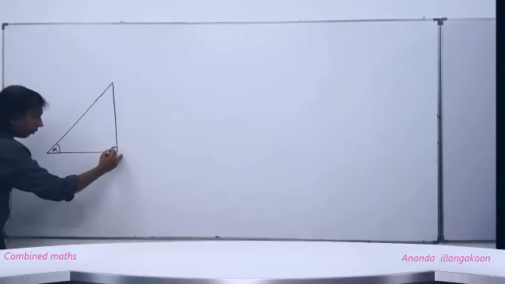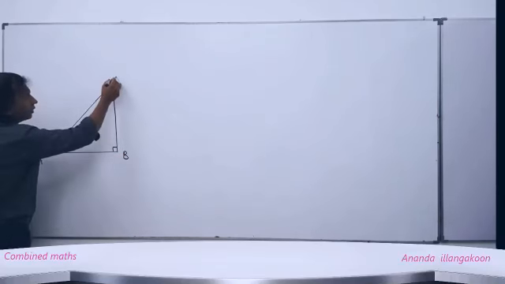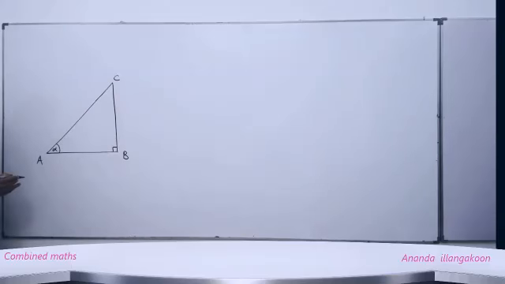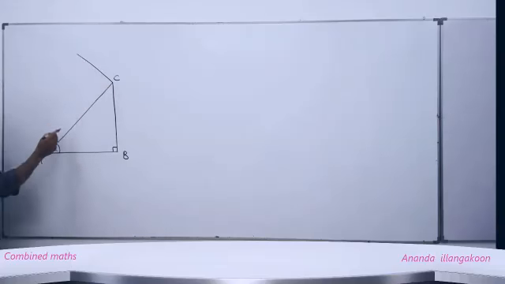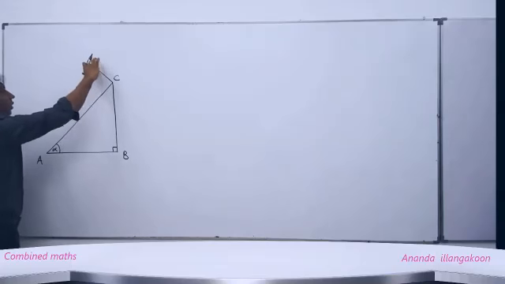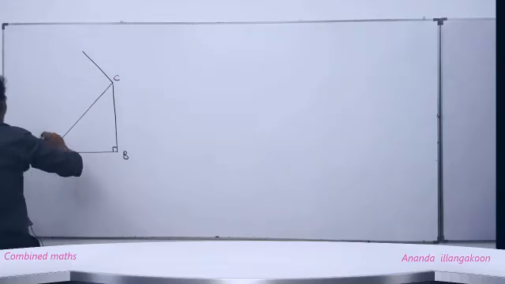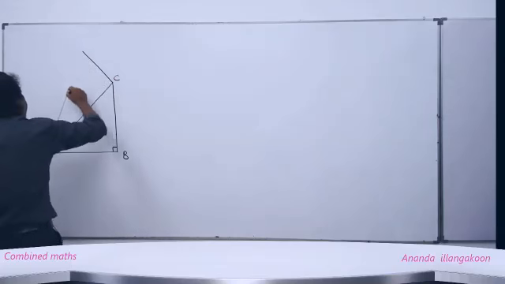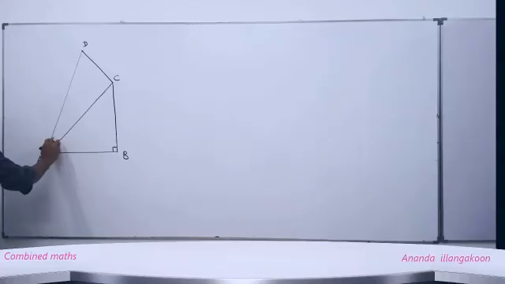Here 90. Its hypotenuse is this. I take this as A, B, and this is C. This AC is having as a side, we draw another right angle triangle like this. This is D. Suppose this angle is beta.